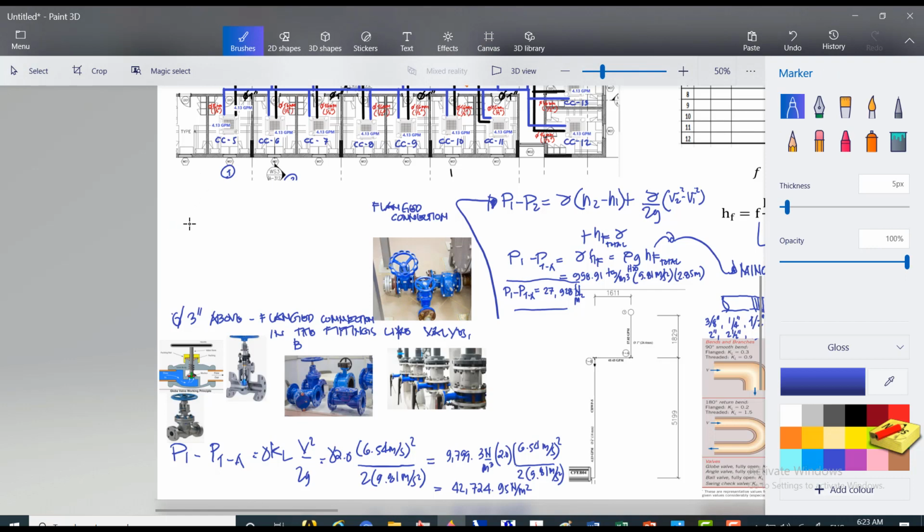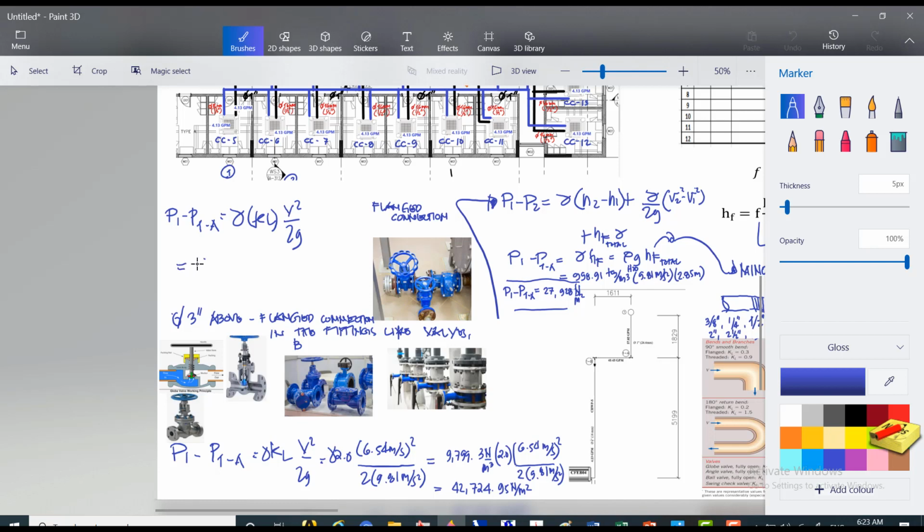Then we have again the specific weight for this one, P1. Let's say we have the specific weight multiplied by KL, then multiplied by velocity squared over 2g.